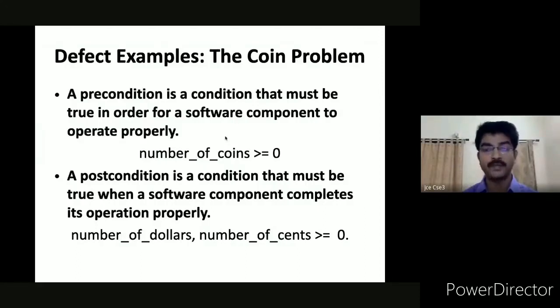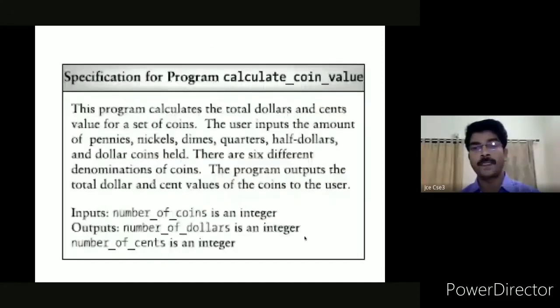Before it starts accepting the coins, the number of coins must be greater than or equal to 0. And the postcondition: once the values are calculated, since it is clearly said that it is greater than or equal to 0, it must have some value. So we have to initialize this postcondition, number of dollars and number of cents greater than or equal to 0. This is a case study for the coin problem.